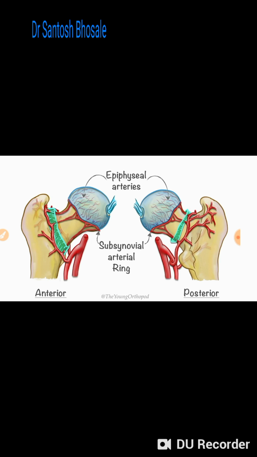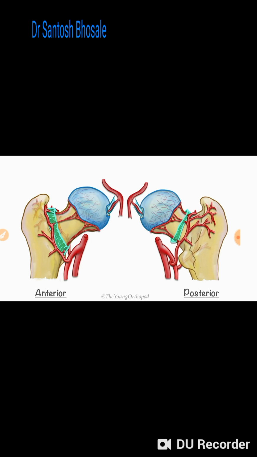Again you can see the epiphyseal branches are coming there and supplying the head. Obturator artery supplies, that is called the foveal artery, passing through ligamentum teres only in the childhood, but in the adult age it is mainly supplied by these circumflex femoral arteries only.